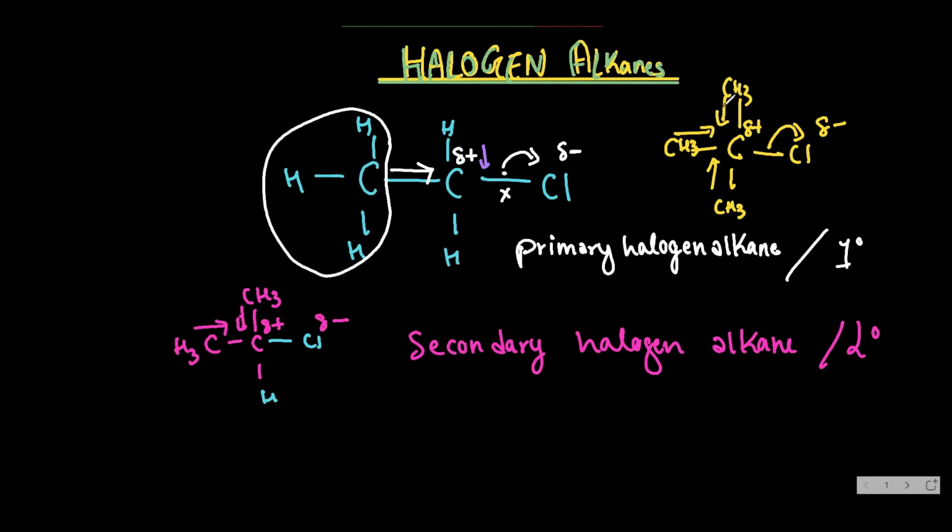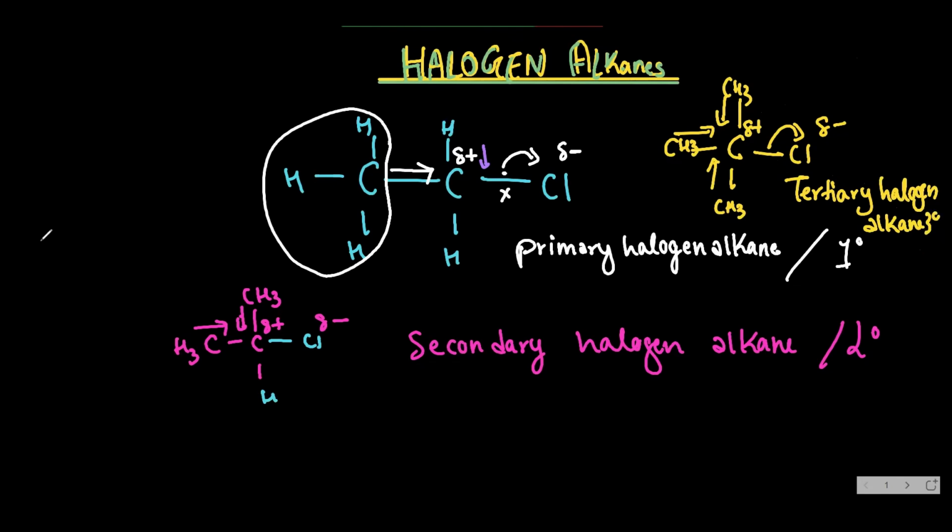As the electrons are donated to the central carbon atom, the positive charge decreases, and the chlorine gets to leave the structure easily, making this one totally positive as chlorine undergoes a fission reaction. In this case, it's going to be heterolytic fission, all right? Now, we call this kind of carbon a tertiary halogen alkane, or sometimes third degree. All right.